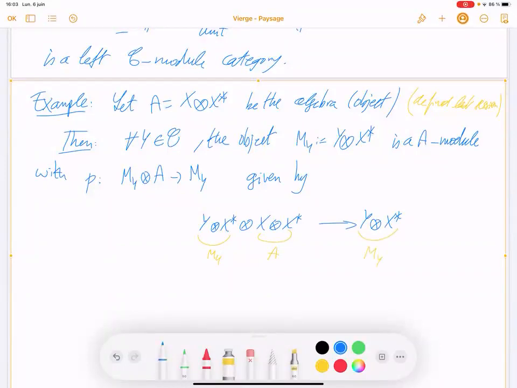The definition of this morphism: we do like that. Identity on y, tensor, evaluation map on x star tensor x, tensor, identity of x star. And I will draw a picture of that after the pause.